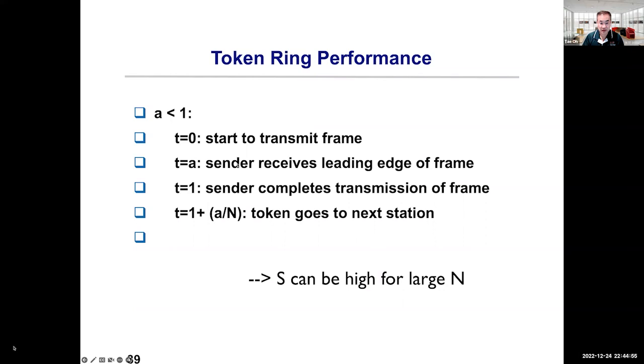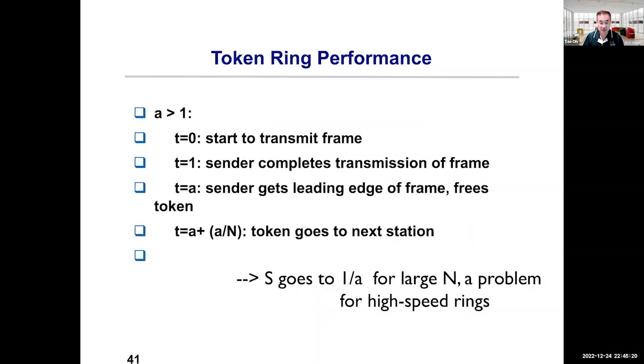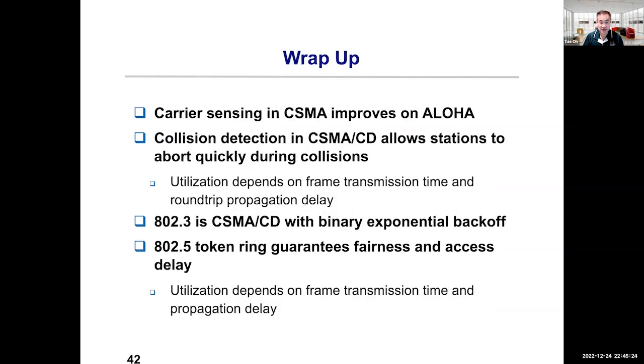At a, the sender receives the leading edge of the frame, completes the transmission, and the token goes to the next station. In the case where a equals 1 or is greater than 1, the station finishes the transmission and releases the token after the start of the frame has gone around the ring, and it goes to the next station as well. Okay, this is the performance.